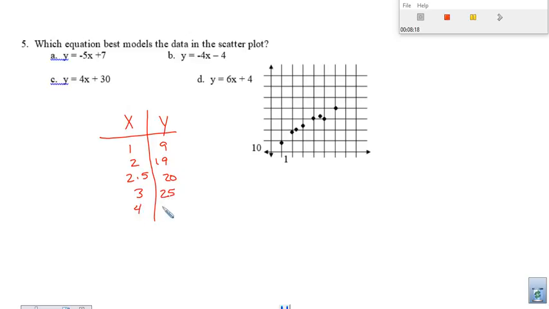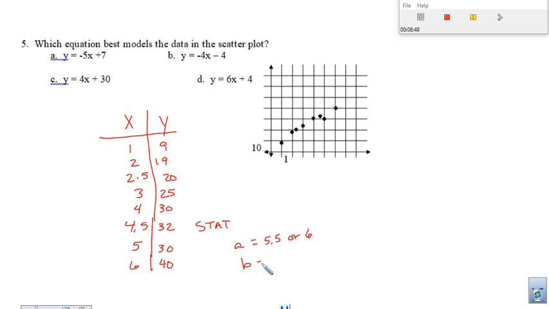4 and 30, 4.5 and 32, 5 and 30, and then 6 and 40. So then I did the stat edit process to get the equation of the line, which gave me an A that was right at 5.5 or close to 6.